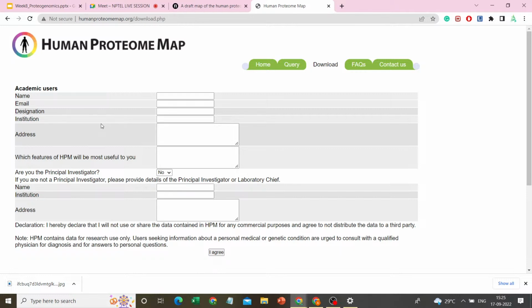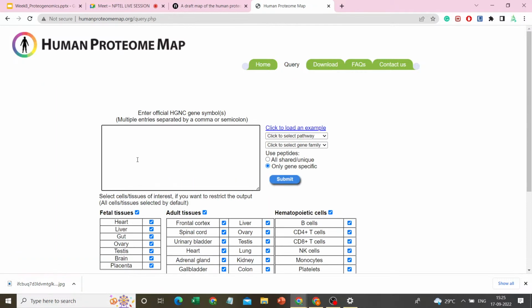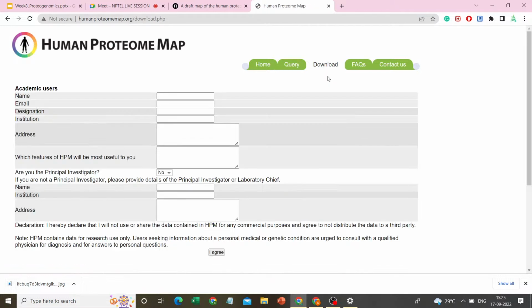If you want to query like this for each particular protein, for particular tissues, for each cell, then you need a whole lot of time. But if you want to download it to automate your process, so that you can analyze your data and match your data with it easily, you can just fill up a form, register, and download as well.